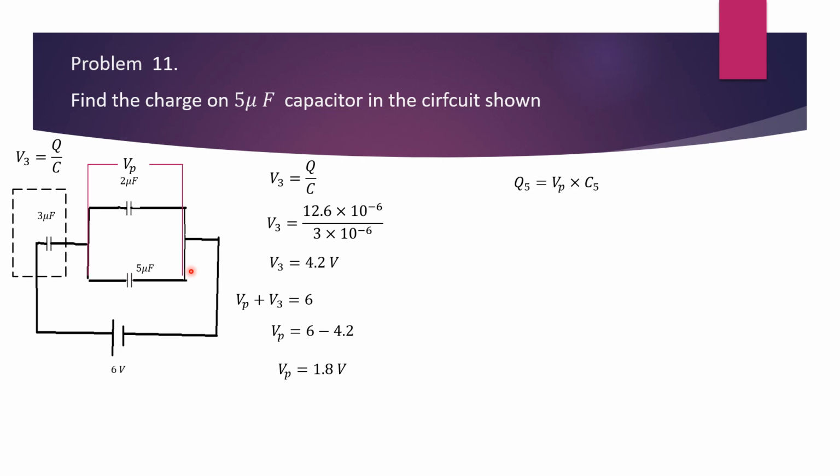So to calculate Q5, we will be needing this potential difference of 1.8 volts. Putting in these values results in 9 into 10 power minus 6, which is 9 microcoulombs. So the answer to this problem 11 is 9 microcoulombs.